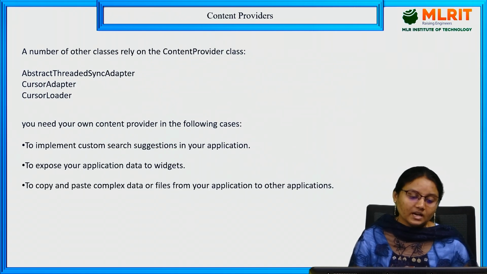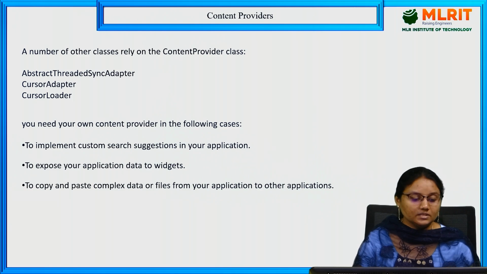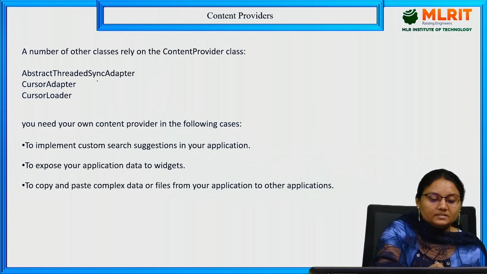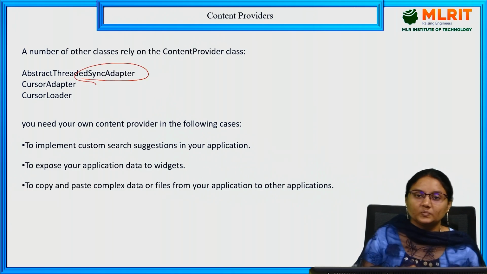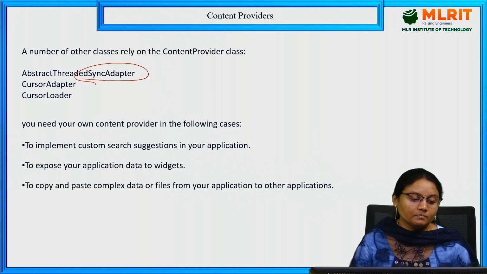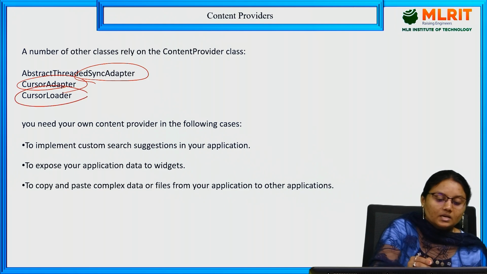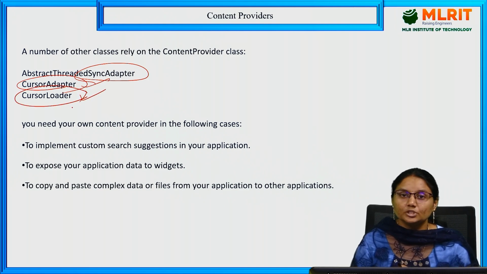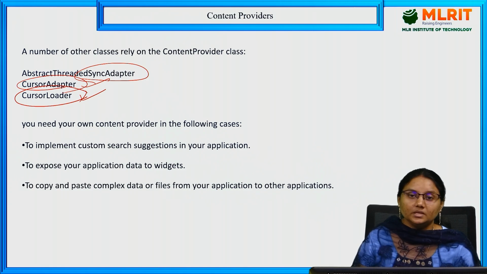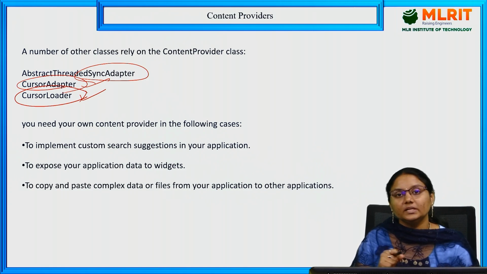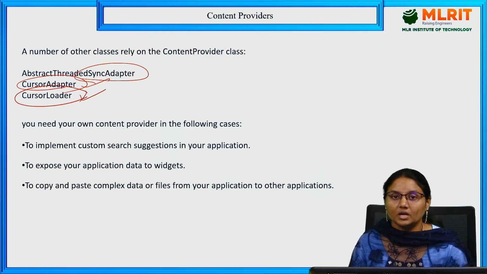A number of other classes rely on the content provider class. What are the other classes? Abstract threaded sync adapter, cursor adapter and cursor loader, which are used for grabbing data, saving it into the content provider, and loading data into the content provider of the other application.